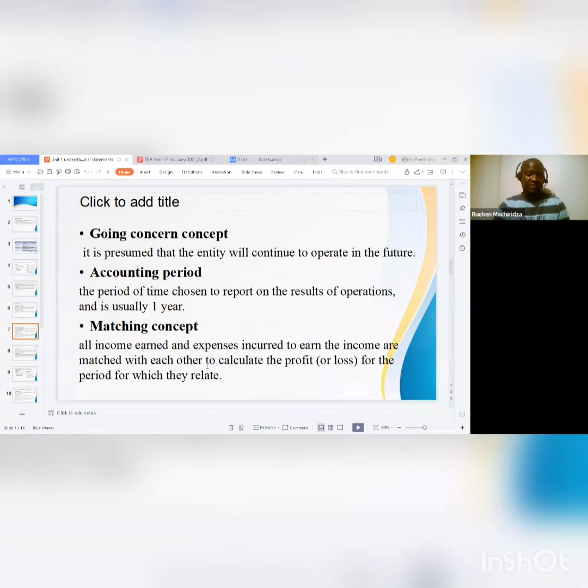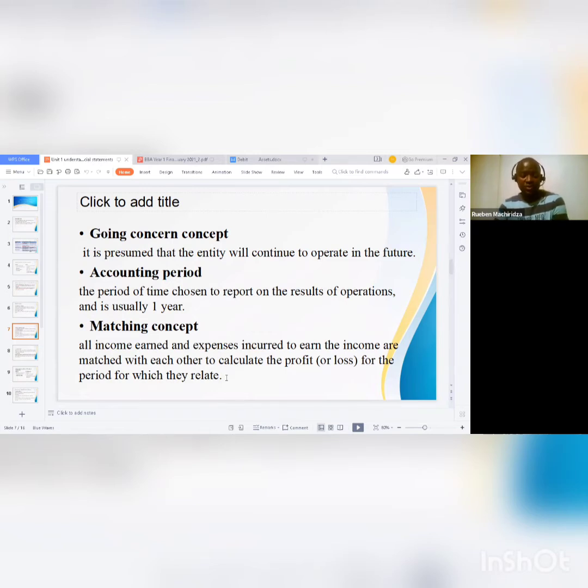We cannot take expenses from the previous period and put them in the current period, or neither can we take income that is meant for the next period and put it in the current period. We are not allowed to do so by the principle. So only the income and the expenses that relate to this year must be included when we are preparing the financial statements.